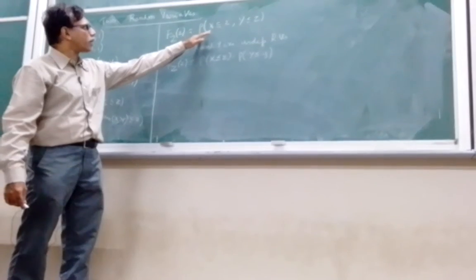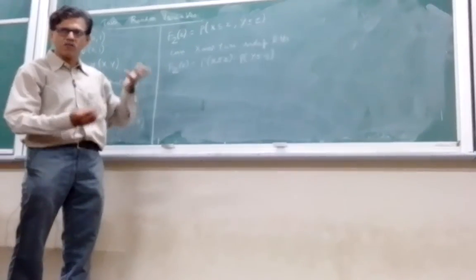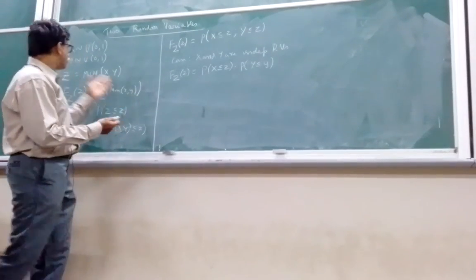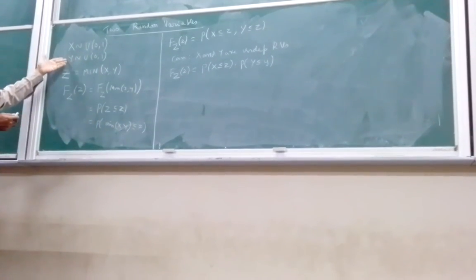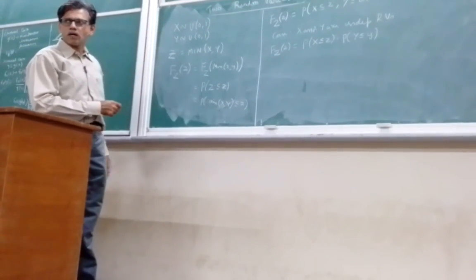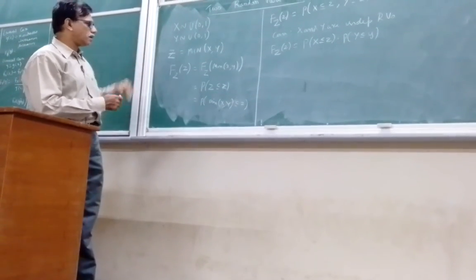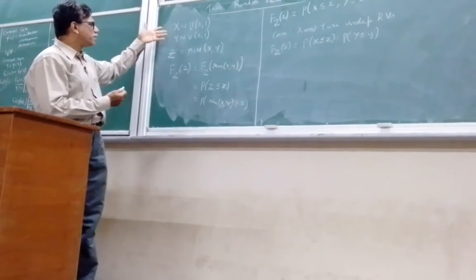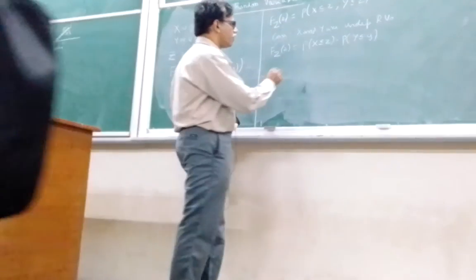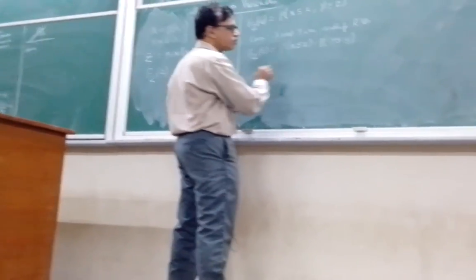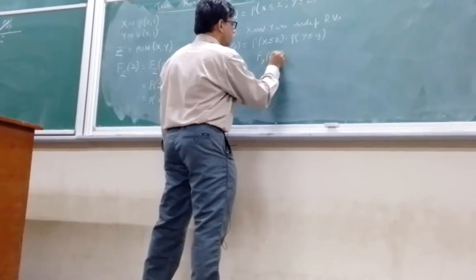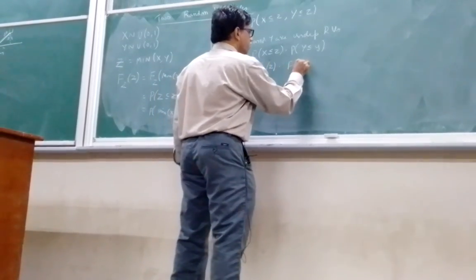Even if you use the joint PDF, we have not told what the joint PDF would be. X and Y are uniform, we have told just like that. In general they need not be independent. Now, if we take a case where they are independent but individually uniform, then this is F_X at z into F_Y at z.